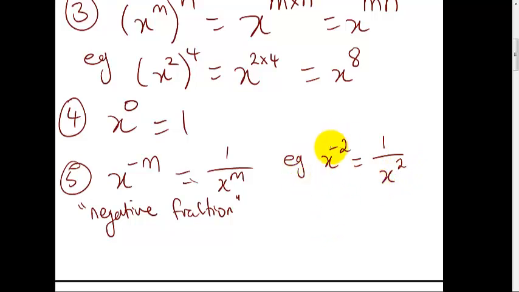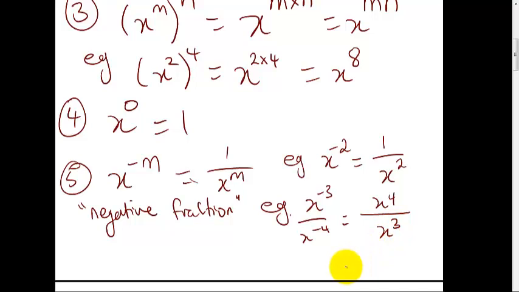If it's negative on the top, it's positive on the bottom; if it's negative on the bottom, it's positive on the top. That's actually the trick. So I'll give you another example. If I gave you x to the power of minus 3 over x to the power of minus 4, guess what the answer is? X to the power of 4 over x to the power of 3. That's actually the trick.